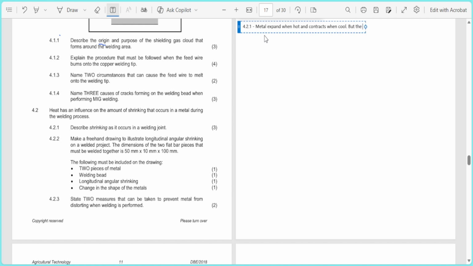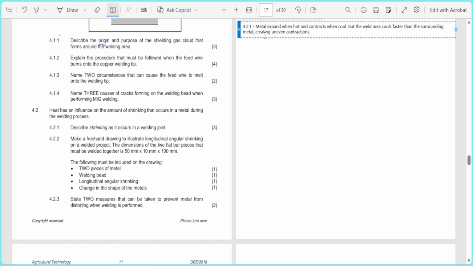But the weld area cools faster than the surrounding metal, then creating uneven contraction. Uneven contractions, something like this.